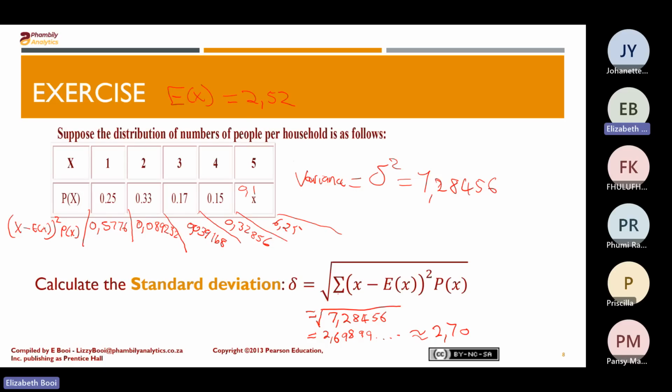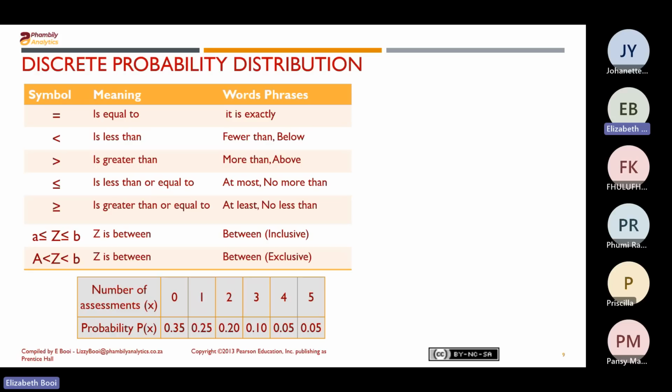Okay, that's how you will calculate the standard deviation. The long calculation, you just need to practice. Okay, so when we find probabilities, we are going to be using signs, your mathematical symbols, to answer the question.